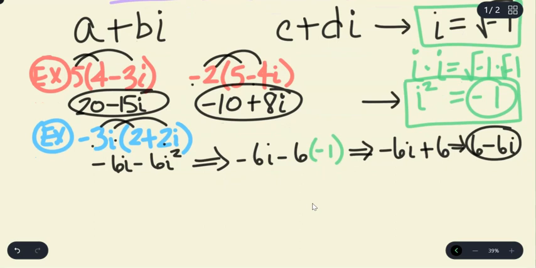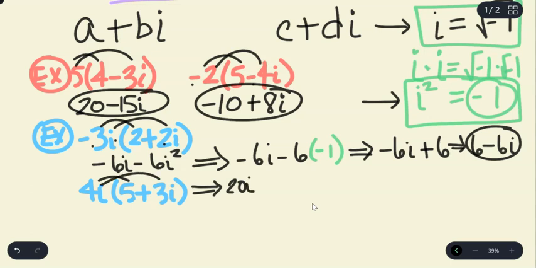So let's move up a little bit. Let's do another example. Let's say I've got 4i times 5 plus 3i. So I'm going to follow the same steps. I'm going to distribute. So I have 4i times 5, which gives me 20i.